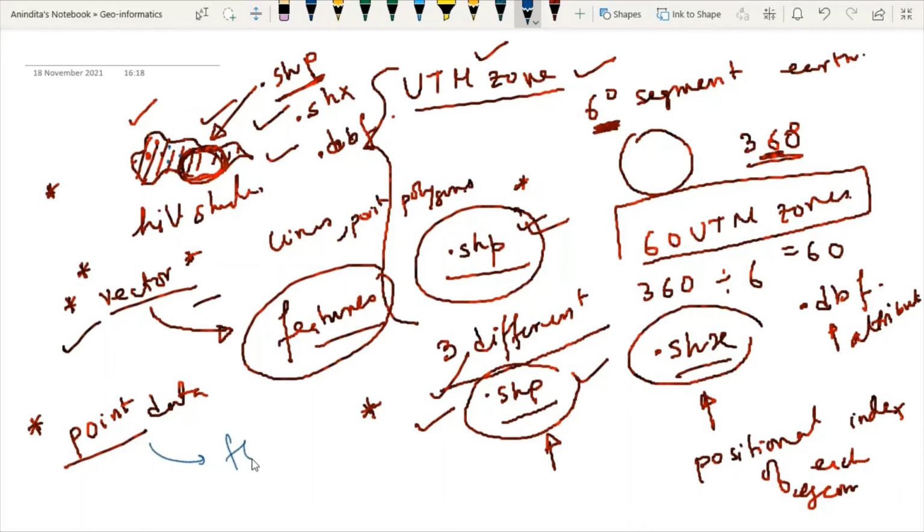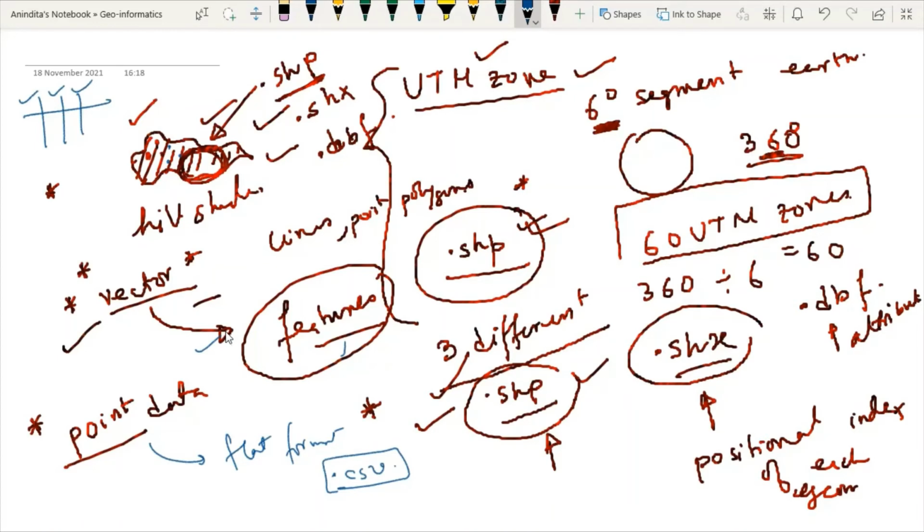Whenever I am talking about point data, it will always be stored in flat file format. You can ask me, okay, what is this flat file format? Flat file format means a CSV file, a comma separated value file, where you have latitude, longitude and, say, species information. Whenever you have this kind of file format, you will understand that you are using point data.